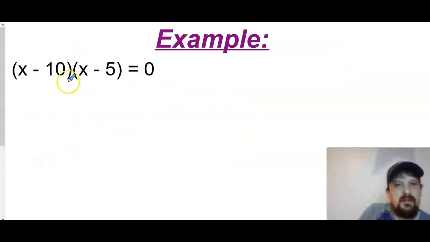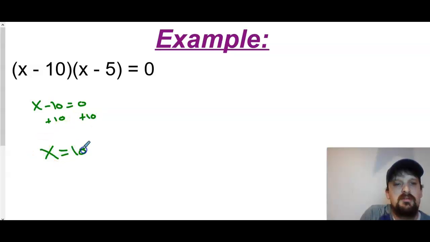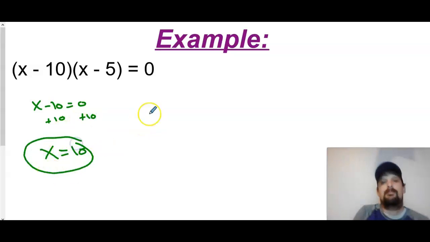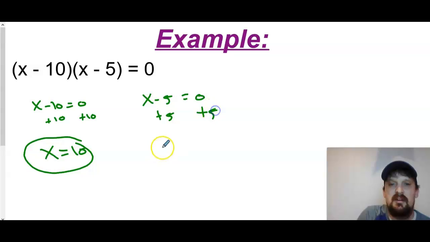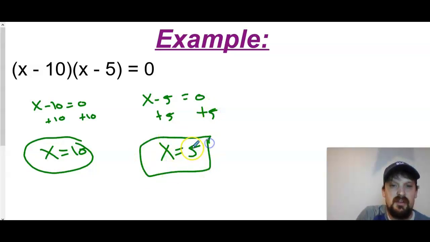Okay, so let's look at a few more of these. So we have x minus 10, set that equal to 0, add 10 to both sides, and x equals 10. x minus 5 equals 0, add 5 to both sides, and x equals 5. Now hopefully what you're seeing is it's basically just the opposite.